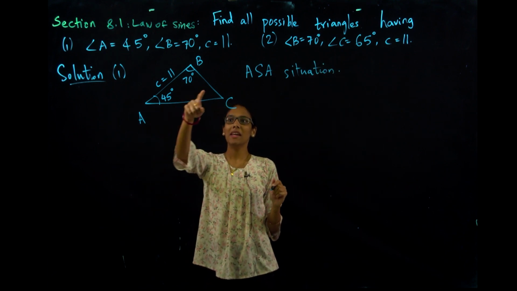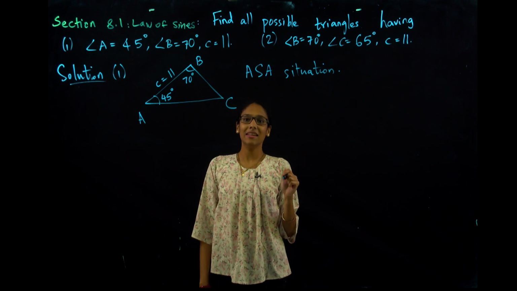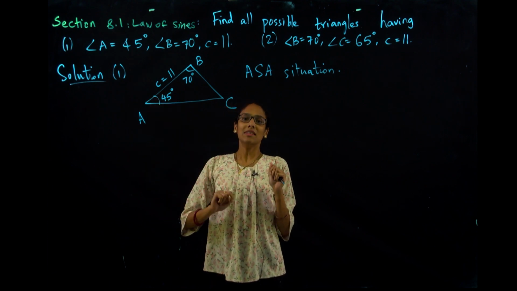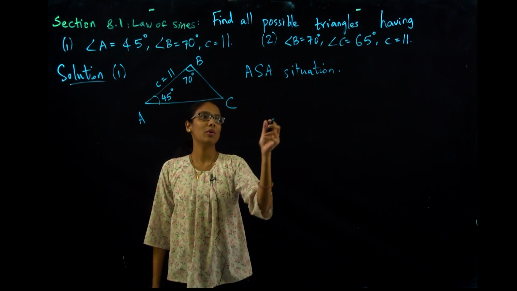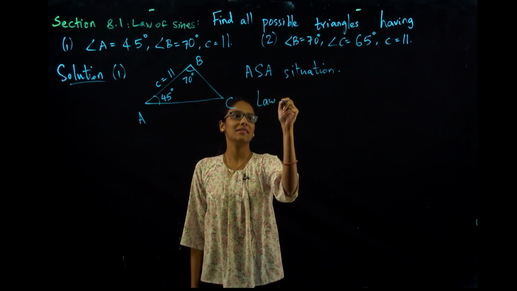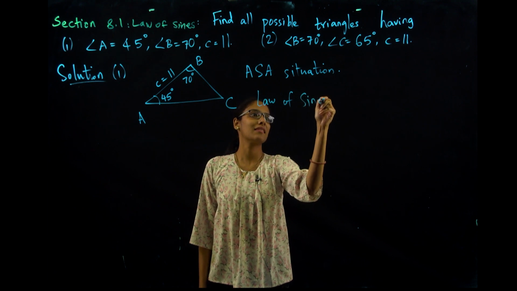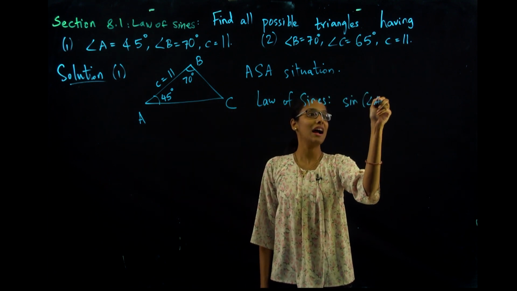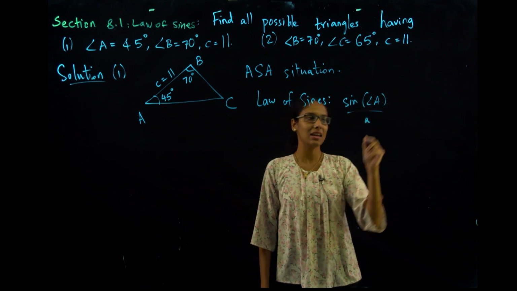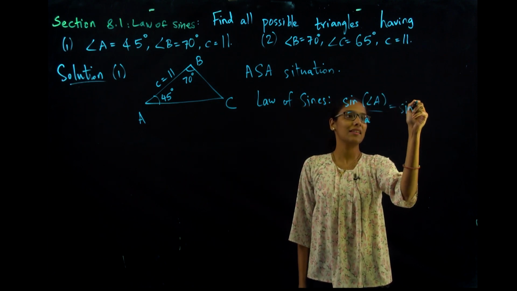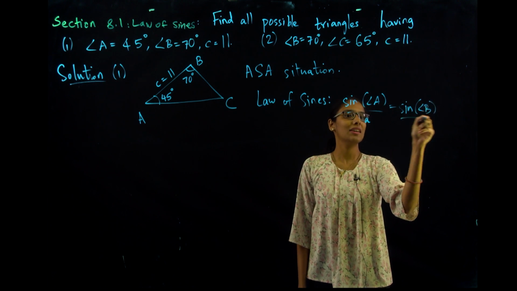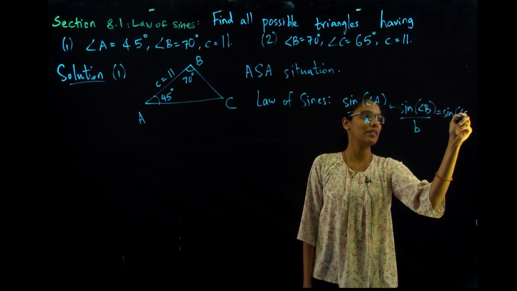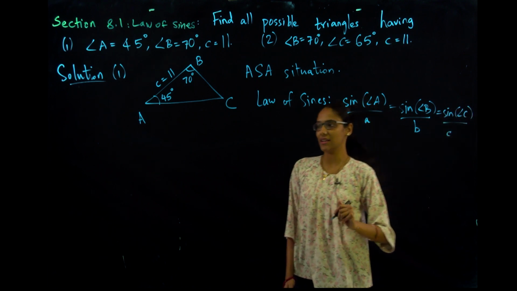To figure out the remaining measurements, what we first see is what is given to us. To use law of sines, let's recall what law of sines says. Law of sines is given by sine of angle A by little a equals sine of angle B by the opposite side equals sine of angle C by the opposite side.